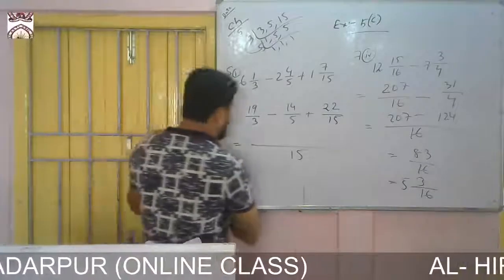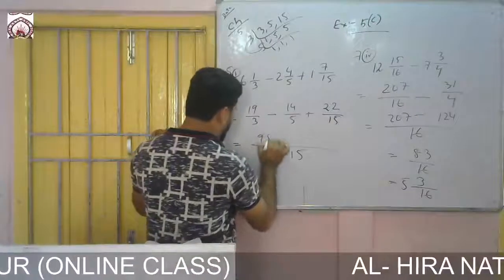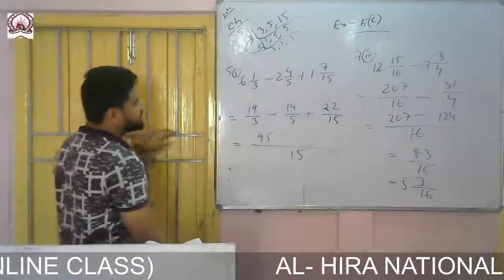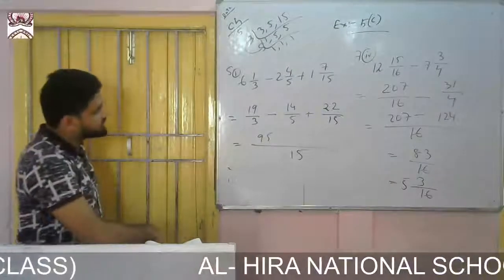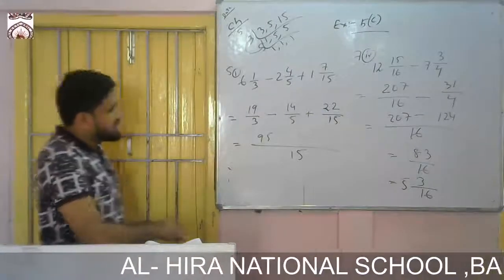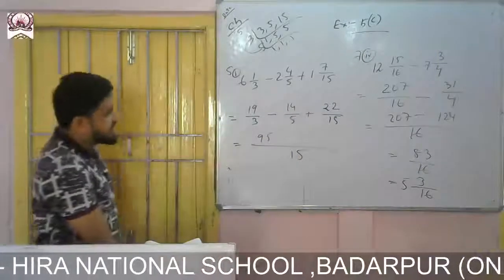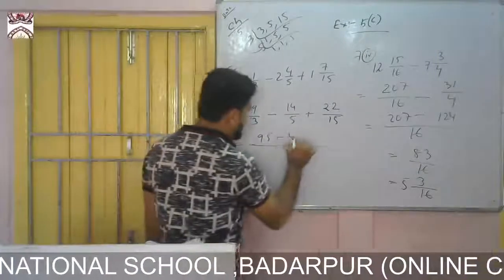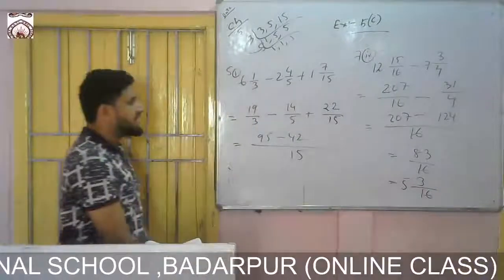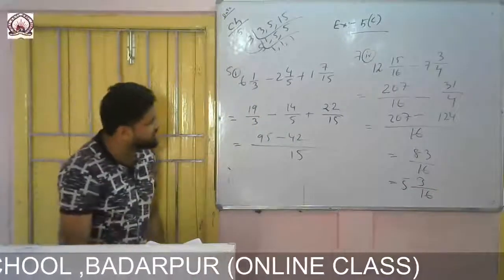So 5 19s are 95. Now 5 3s are, 3 14s are 42.